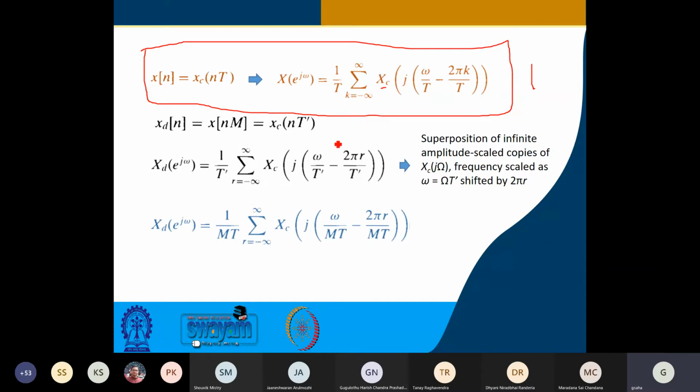So when we have this x d[n], instead of this, this is nothing but x c(n T prime) now. T prime is M T, M times T, right? So if we insert the basic definition and then insert T prime as M T, this is what we get.